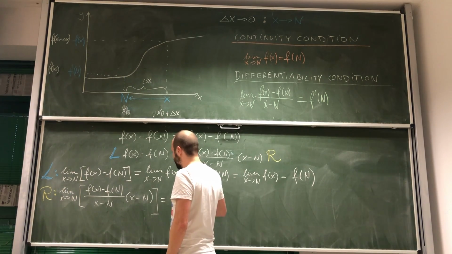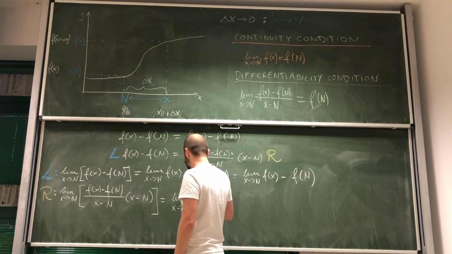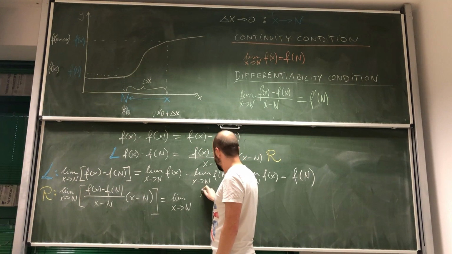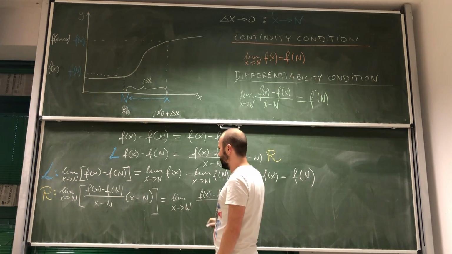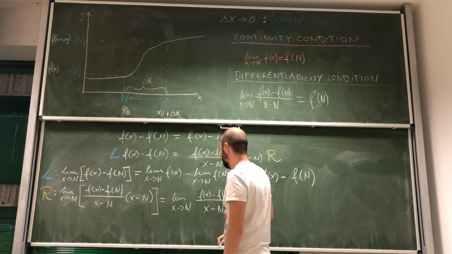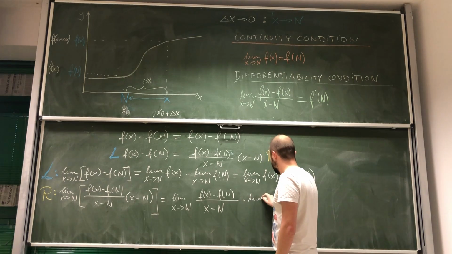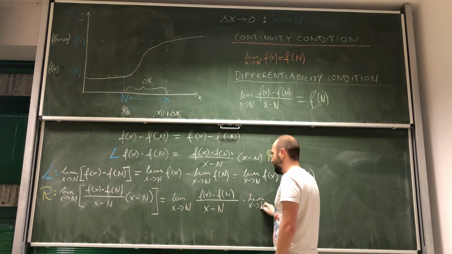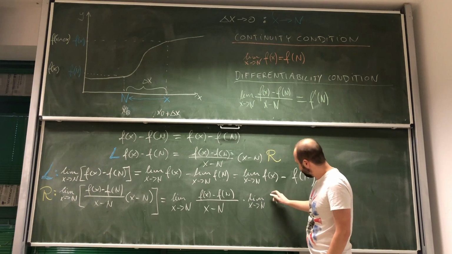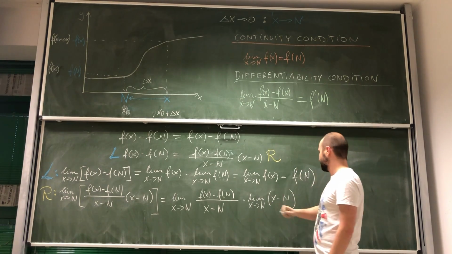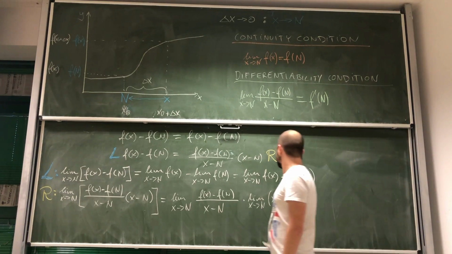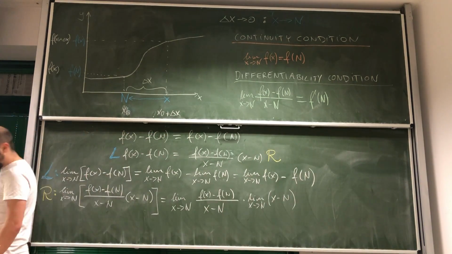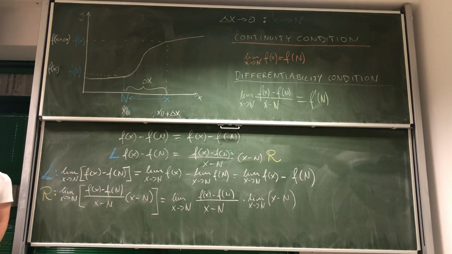So here we have limit with x approaching n out of f of x minus f of n over x minus n times limit with x approaching n out of x minus n. Okay, so look, what do we have over here?